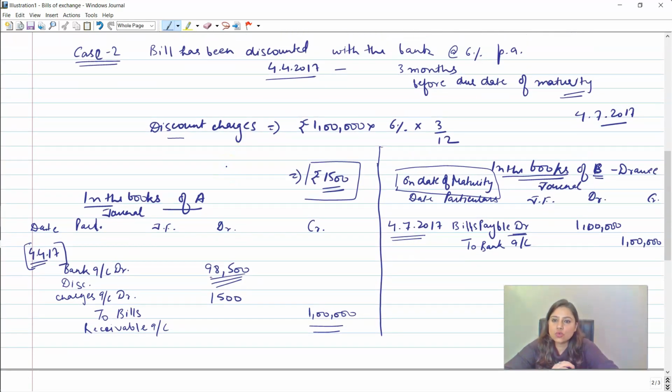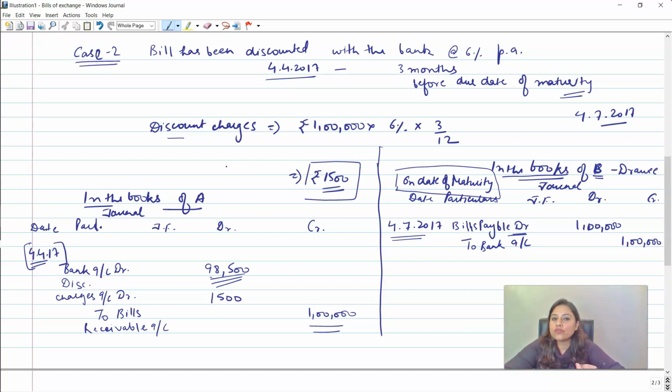In case 2, we have seen how the bill has been discounted with the bank, how the discount charges have been calculated, and then in the respective books of the drawer, how the entry needs to be passed and on what dates, and how on the date of maturity we would be passing the entries in the books of drawee.